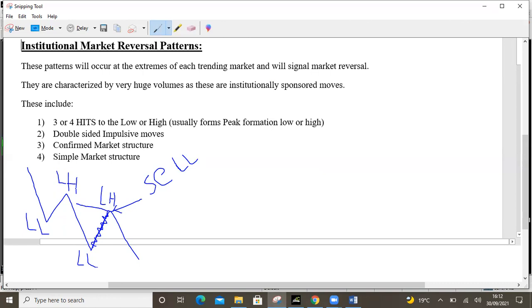So when this lower high was created, there must have been a block here that gave this shift. Remember, the lower lows will be created by an impulse move, very huge candlesticks. But where did the huge movement come from? It came from a block here, right? Whichever block gave you this lower low is where the market is expected to retest.